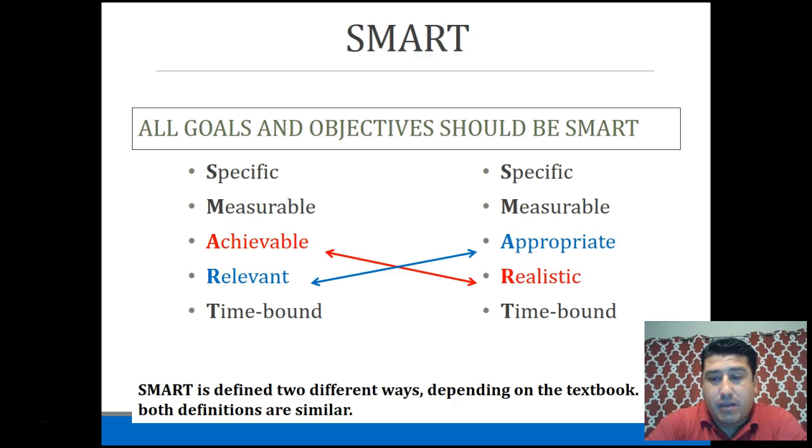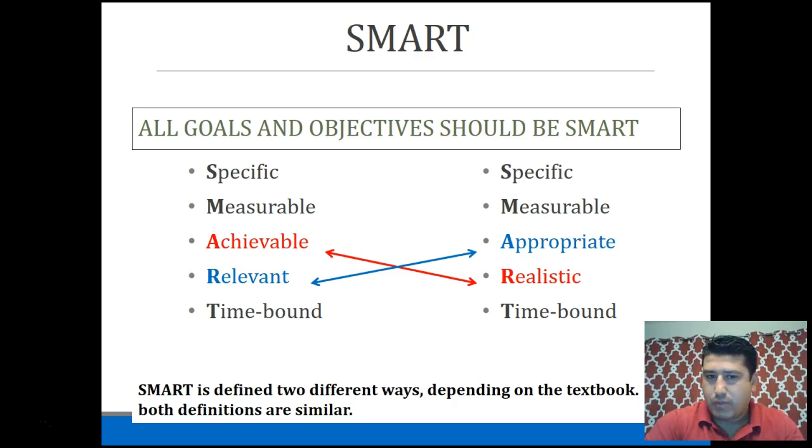In order to help them develop a sound, strong objective or goal, they apply these principles and make sure that their goals and objectives are specific to what they're trying to achieve. It's measurable in the sense that if I do this, then this is what I'll experience. It's achievable or realistic in the sense that it's not impossible. It's challenging, but it's reachable.